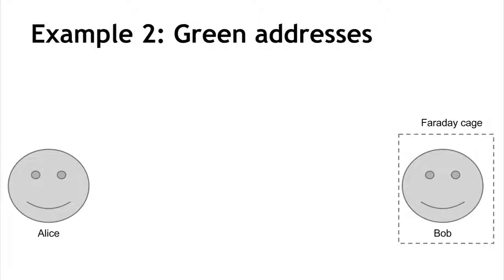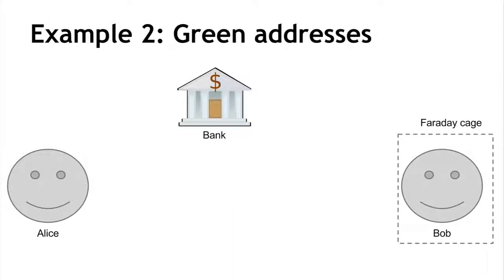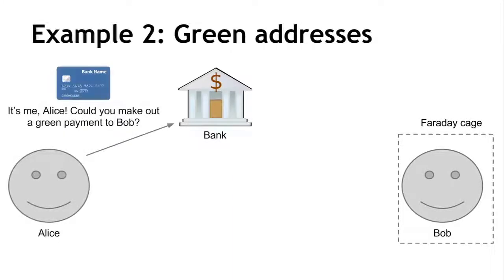So to solve this problem of being able to send money using Bitcoin without the recipient being able to access the blockchain, we have to introduce another third party, which is the bank. So Alice is going to talk to her bank and say, hey, it's me, Alice. I'm your loyal customer. Here's my card or my identification. And I'd really like to pay Bob here. Could you help me out?